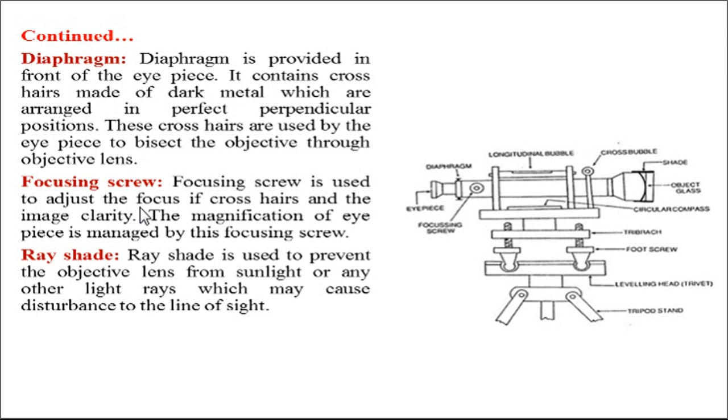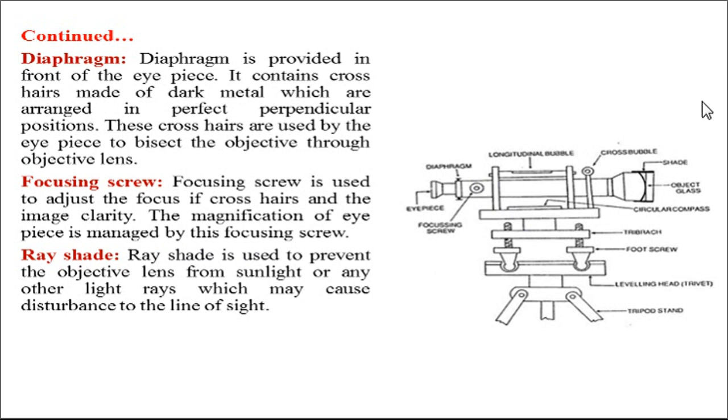Then the focusing screw. The focusing screw is used to adjust the focus if the crosshairs and the image of the staff are not clear. The magnification of the eyepiece is managed by rotating this focusing screw. So see here the focusing screw is there.